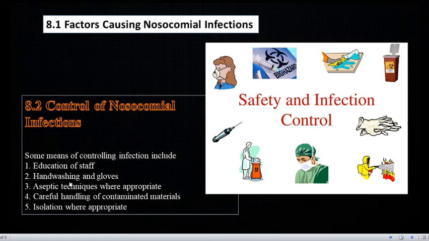So, when it comes to hand washing, diba, you can always watch the television and always merong ad na about hand washing. Why? According to your Center for Disease Control and Prevention, or also known as CDC. Again, Center for Disease Control and Prevention, or CDC, hand washing is the single most important, okay, way of preventing the spread of infection.